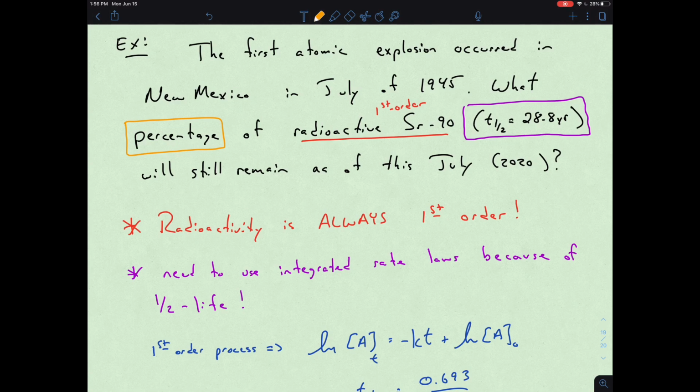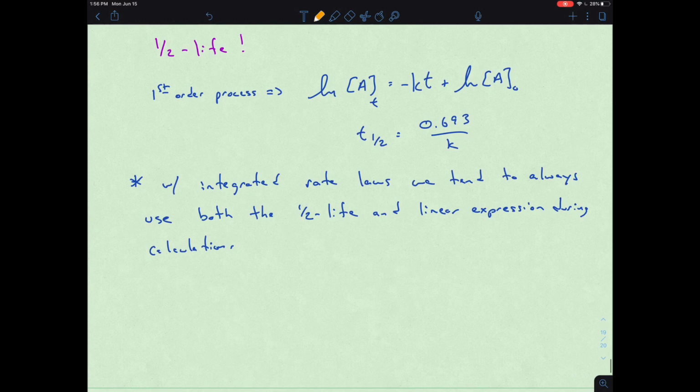And we also have the idea of time, in terms of July 1945 to July 2020. So from that angle, in terms of the idea of percent form for my first order, it's going to look more like this.